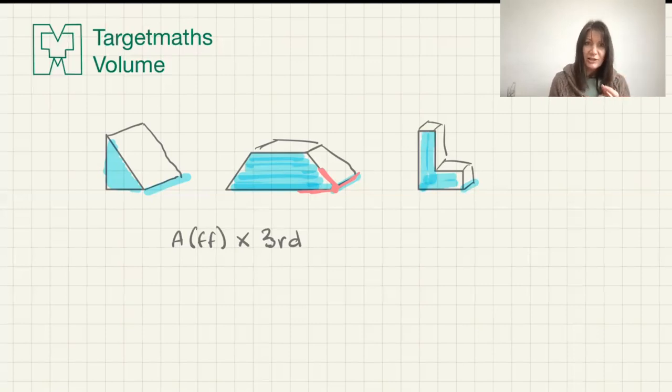It could be a triangle, it can be a trapezium, it can be an L, it could be a circle, it could be any 2D shape, basically. So you've got the area of the front face, that's where the work is. And then it's just boom, times by one other number, by whatever the third length is, that's all it is. So don't allow volume to be this big topic to learn. You know area, you know volume, okay?